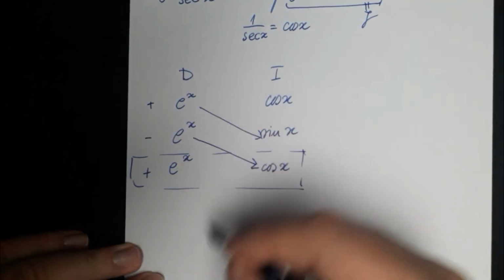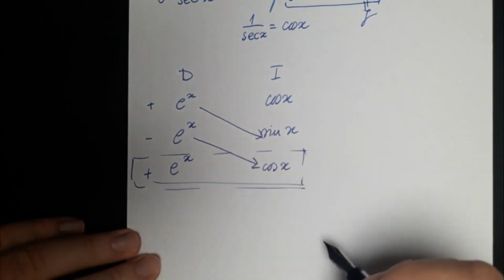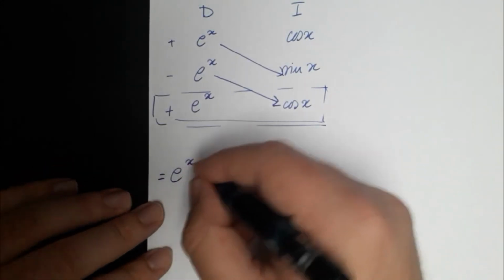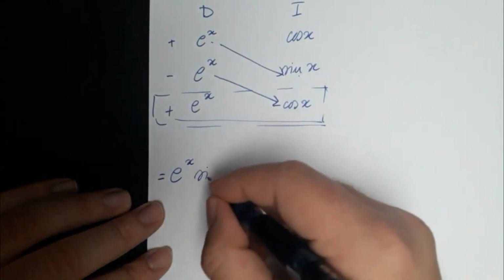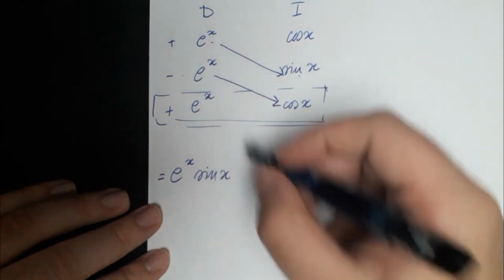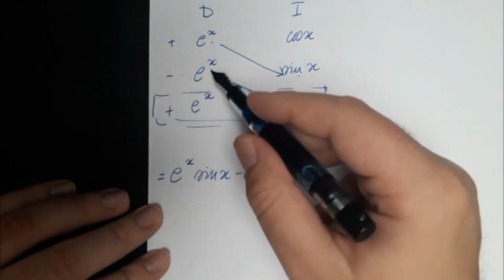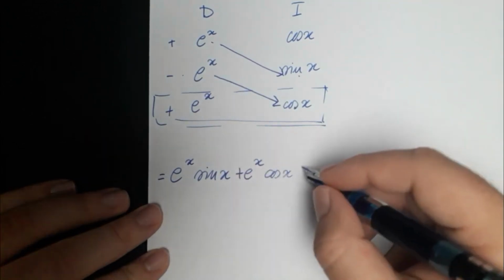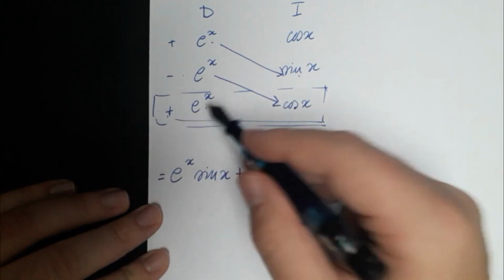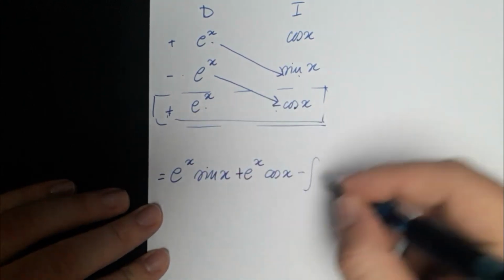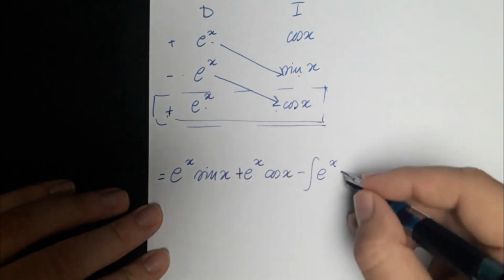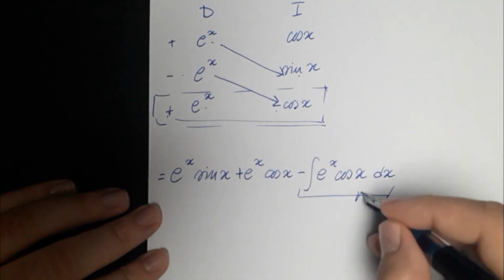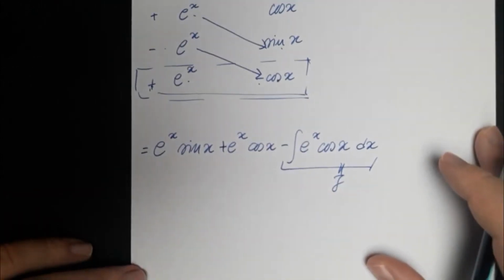We are going to multiply these two, and this is going to give us the last integral. So this is equal to e to the power x times sine x, then negative e to the power x times negative cosine x, and minus the integral of e to the power x cosine x dx. And this is the integral which is repeating.